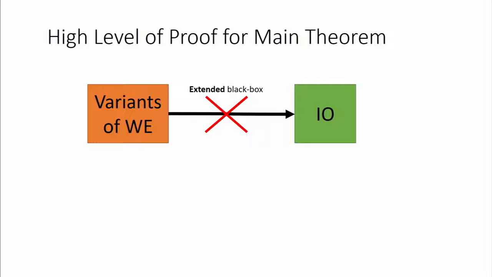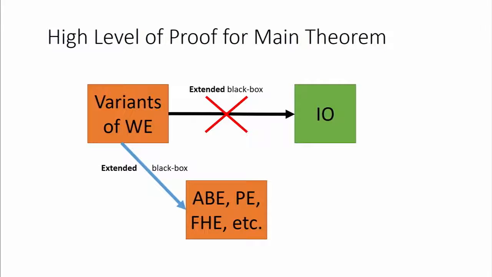And the way that we get all those theorems is that we show that all these variations of witness encryption are basically sufficient, in an extended black box way, to obtain attribute-based encryption, predicate encryption, fully homomorphic encryption, and so forth. And because we studied this model in an abstract way, we prove that extended black box constructions are, roughly speaking, transitive, similarly to fully black box constructions.